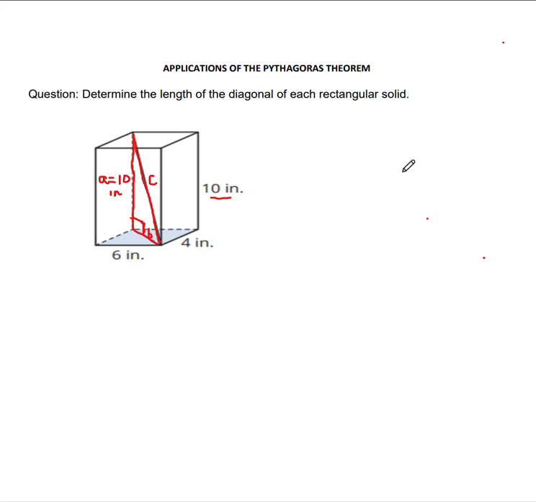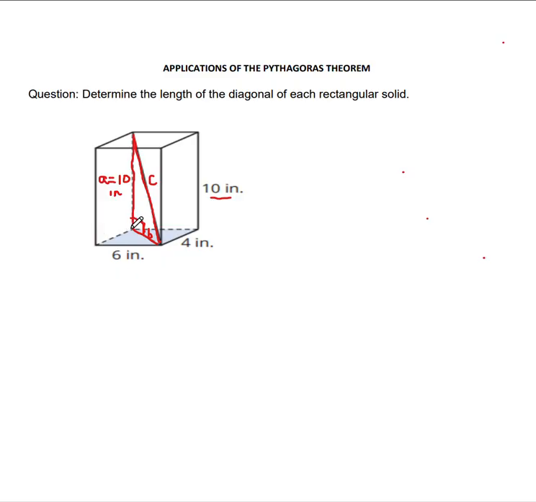We're going to use the Pythagoras theorem eventually to find C, but we need some more information before we can apply the Pythagoras theorem to find C. The information that we need is the length of B, which is the base of this right triangle. We already have A, but we do not have B. Once we know B, then we can easily find C.